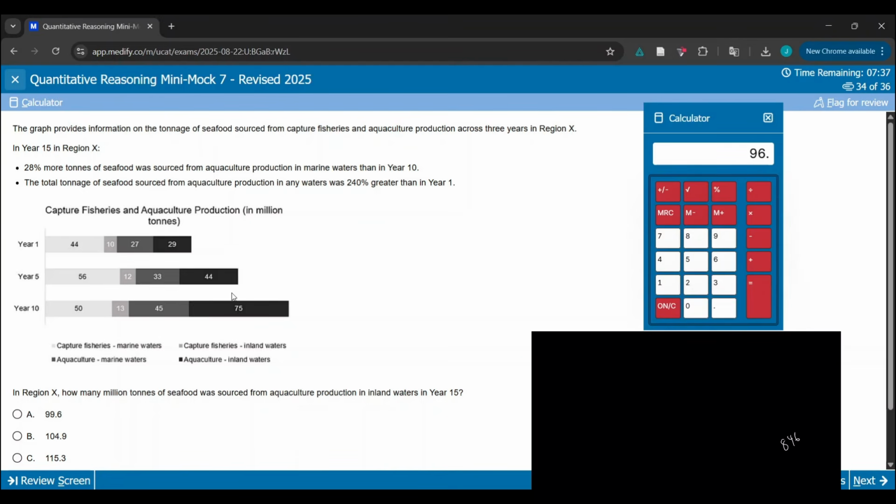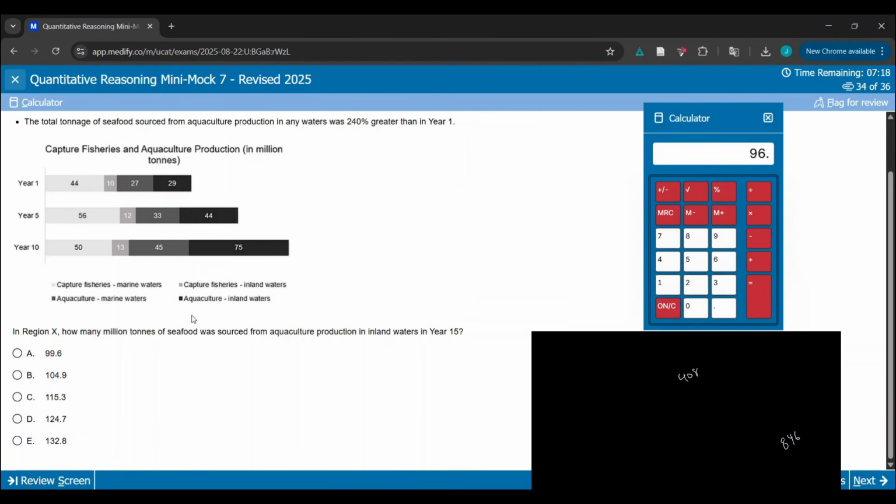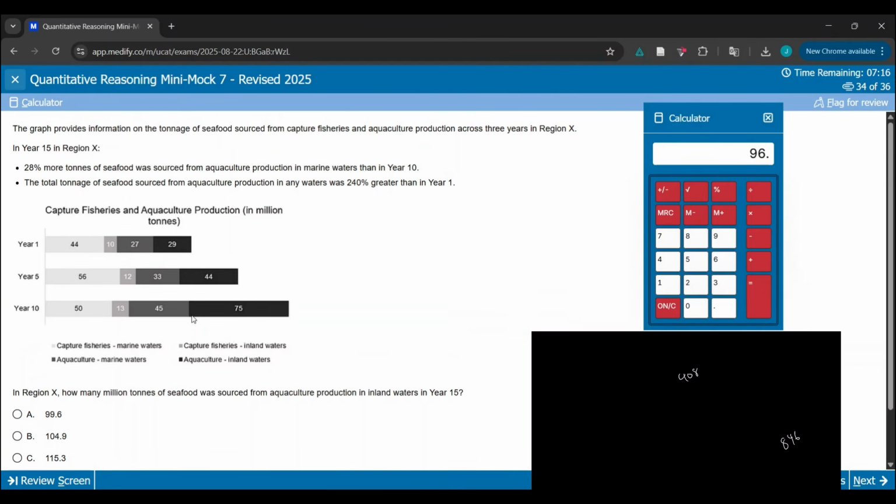Production in any waters, okay, so therefore it's going to be 5 plus 75 times that by 240% greater, so times that by 3.4, so 408. Now we said 1.28 times 75 is 96. Is that an answer? Oh, no, that's going to be wrong.